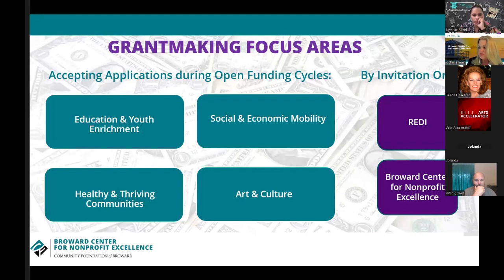We do also do some work in racial equity, diversity, and inclusion, as well as within some programming through the Nonprofit Center. Those are invitation only, and we let folks know when that information is available so that we can determine whether you would be a good fit for a project like that. So we're going to focus on those other key focus areas.